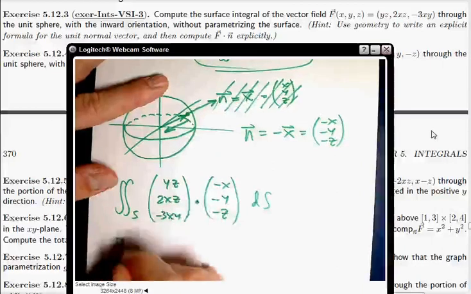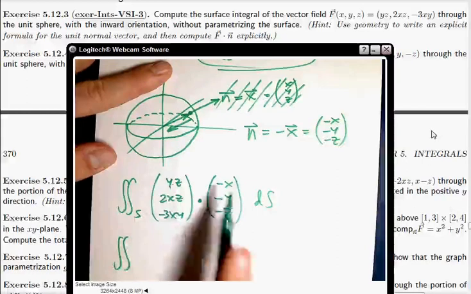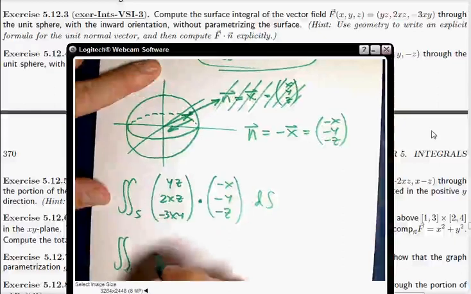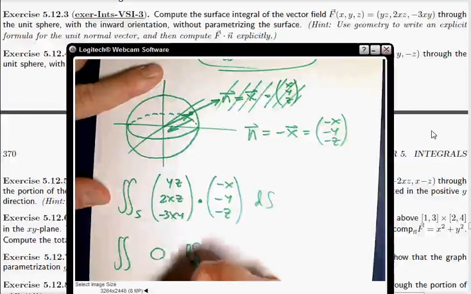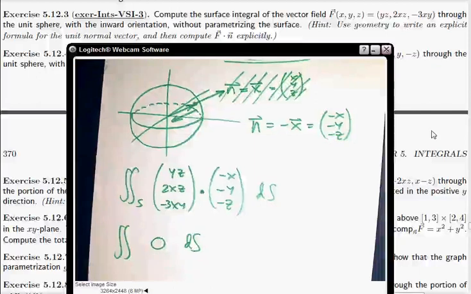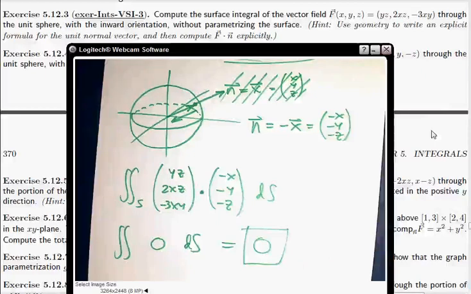Well, the dot product ends up being 0, because here you have negative xyz, here you have negative 2xyz, and there you have positive 3xyz. It all cancels and you get 0. So you have to do a scalar surface integral of 0, and that's an easy scalar surface integral. It's just 0. So yeah, there you go.